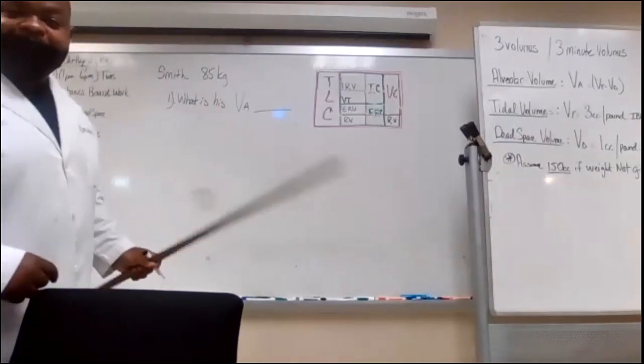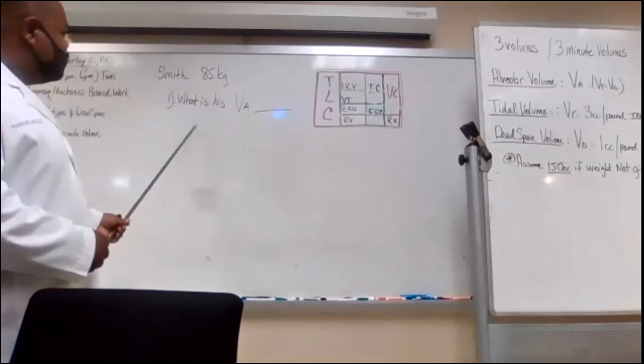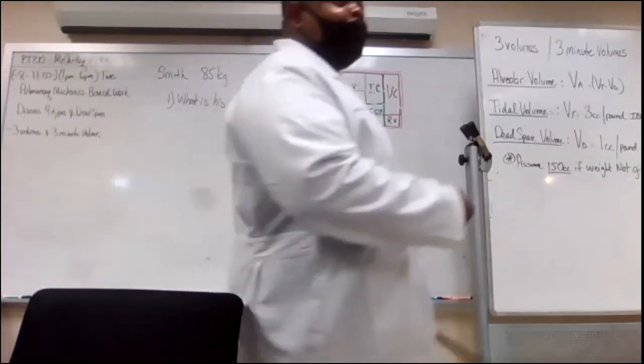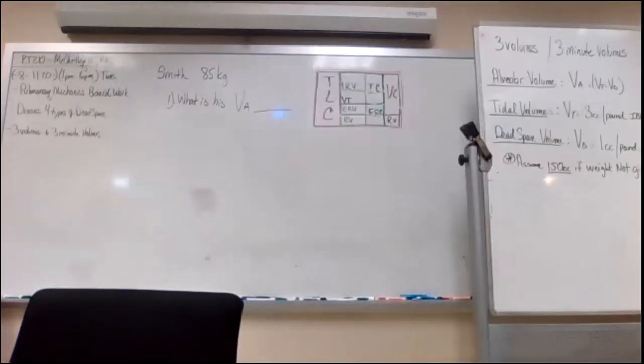Mr. Smith weighs 85 kilograms. What is his alveolar volume? So you have to find out what the formula for alveolar volume is and plug in what you need to plug in. And if you don't know what you need to plug in, you have to know what that formula is to find the number to plug in.